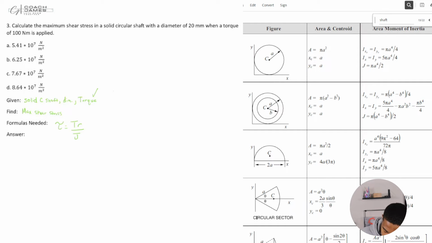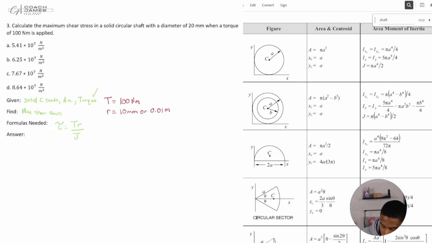Let's just write out the variables that we have. T, big T, is equal to 100 Newton meters. R is equal to 10 millimeters, and I'm going to put everything in meters, so 0.01 meters.